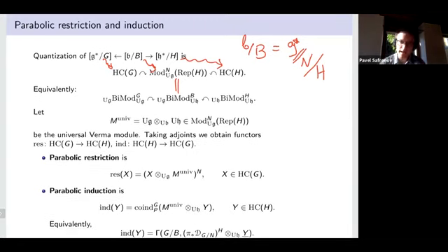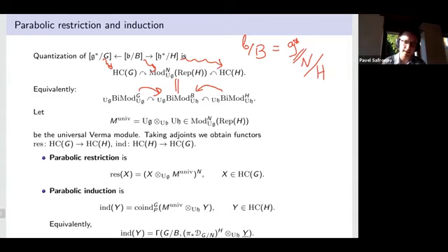Okay, so now once you have an object, you have canonical functors, not just an action, you have a functor from these categories, which is given by action on the canonical object.